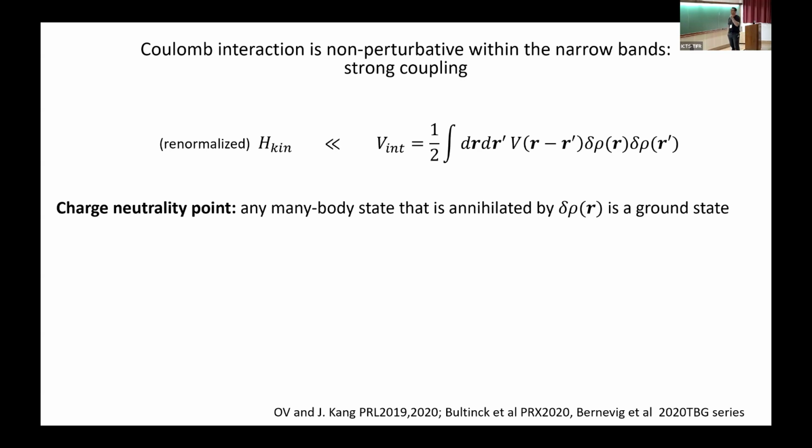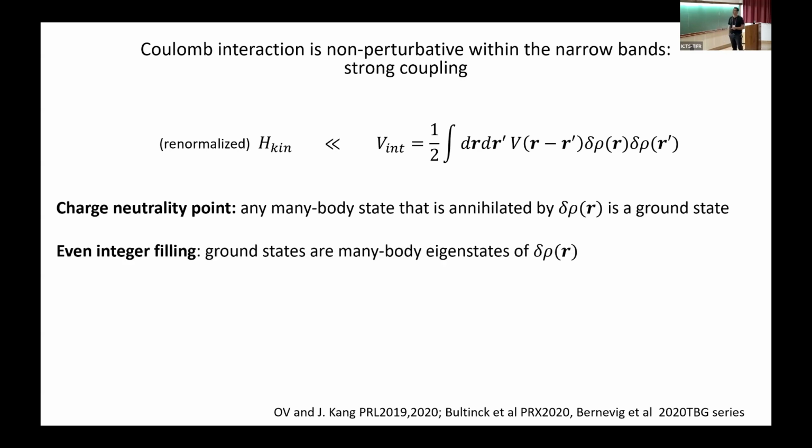So all you have to do is find states which are annihilated by this density fluctuation operator. It turns out that there is a manifold of such states, and it can be accessed either through the Chern states, which I showed you, at least in a chiral limit, or through valley polarized states. Each of these would be gapped insulators.